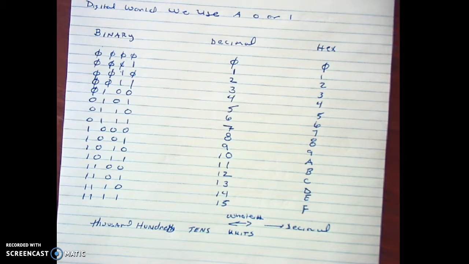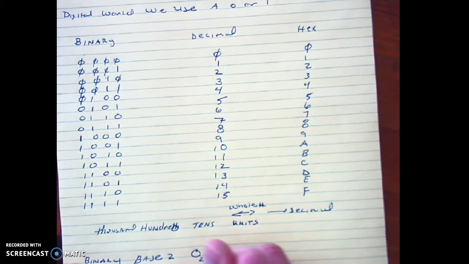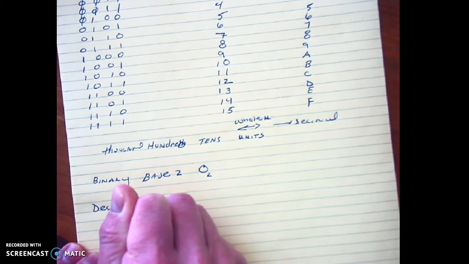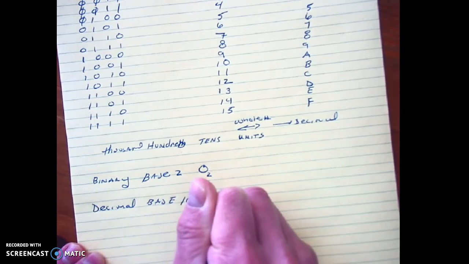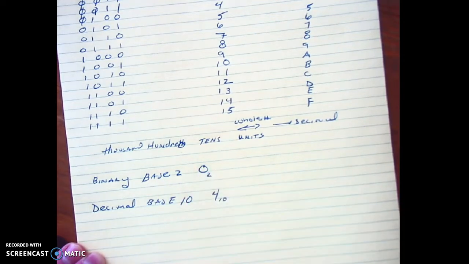So in binary, we represent that as a base 2. In a lot of cases you'll see 0, 2. In decimal, we do this as base 10. We don't usually write this, but it'd be like a 4, and then a base 10.